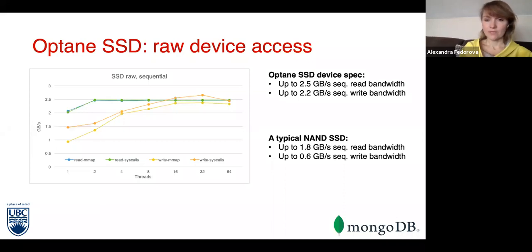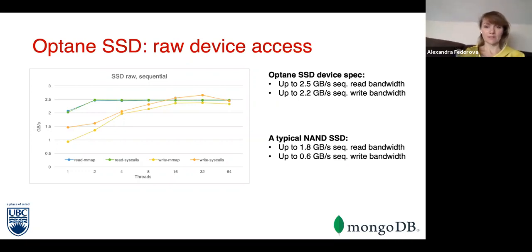According to the spec, Optane SSD should give us up to 2.5 gigabytes per second of read bandwidth and up to 2.2 gigabytes per second of write bandwidth. We see that in the case of reads, we do achieve the bandwidth according to spec. When we do writes, we go slightly above that, so there's probably some buffering going on here.